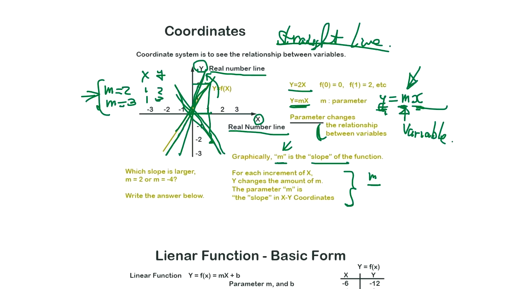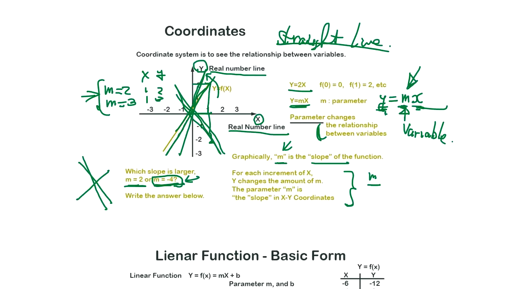Which slope is larger, m 2 or m negative 4? Well, which slope is larger? The 2 give a positive slope, but negative 4 give negative slope. When you ask which slope is larger, negative 4 is larger slope, right?